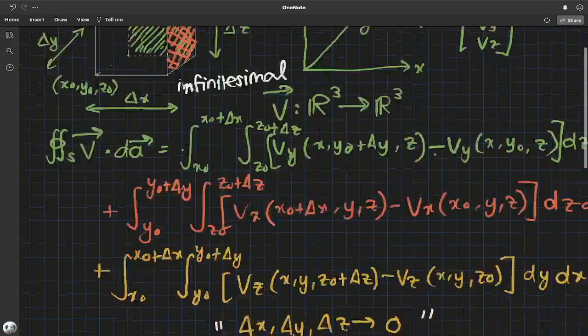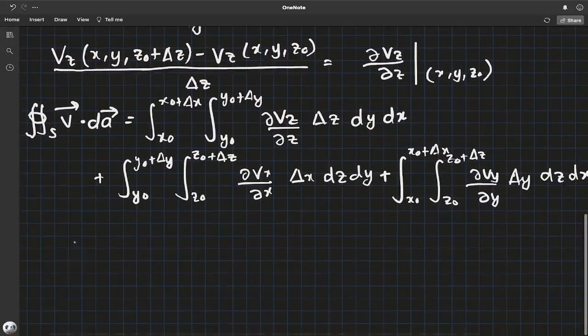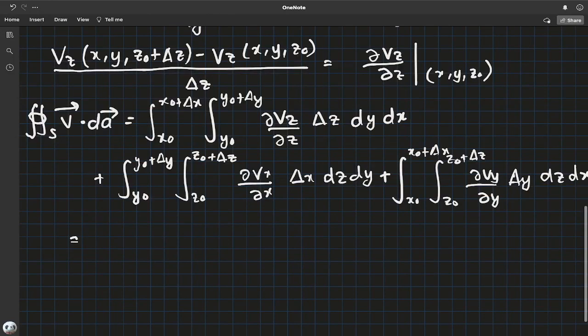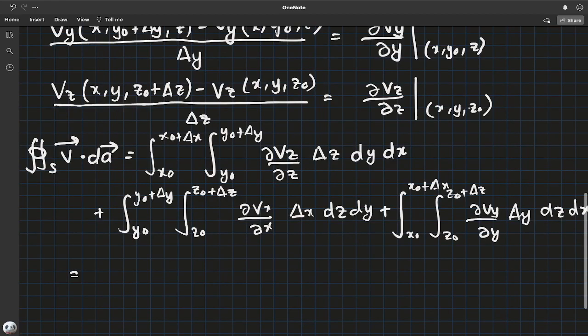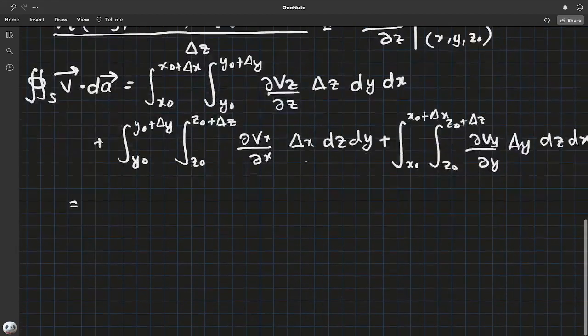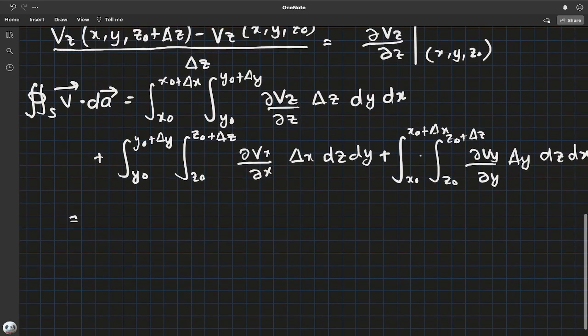So for this integration, we can pull these partials out, although they are themselves functions of those variables of integration, just because delta x, delta y, delta z goes to 0.